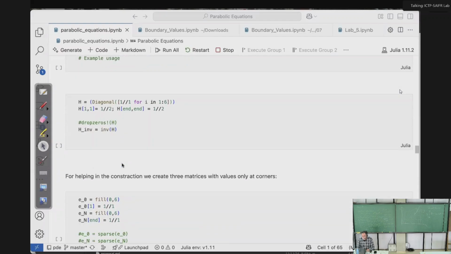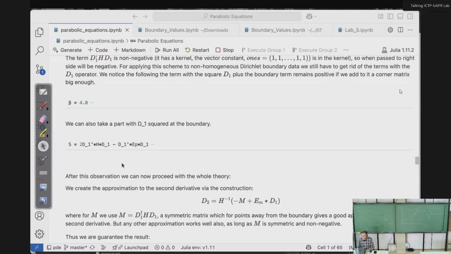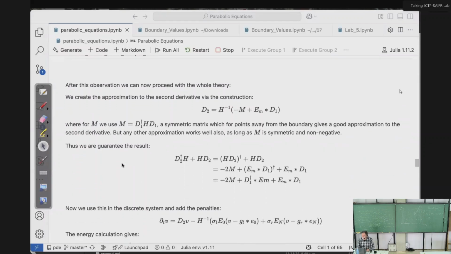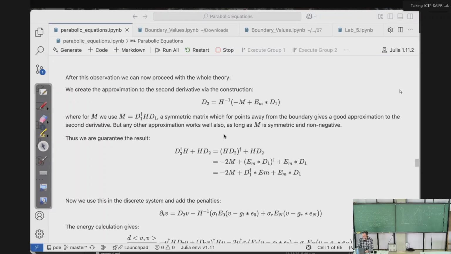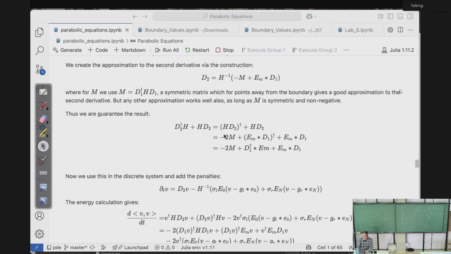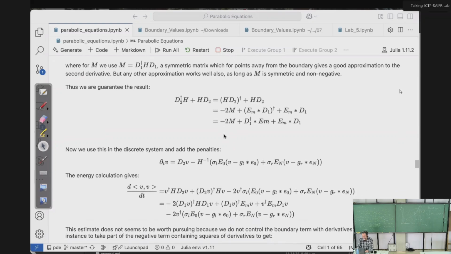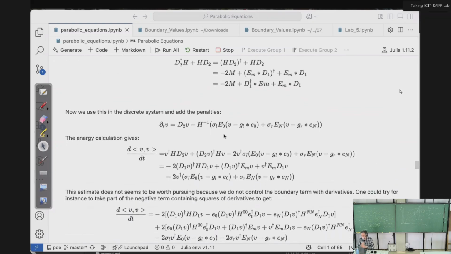So we implement some boundary conditions and some second order operators that were built in this form, like here, where M is a positive, symmetric matrix, and this is built in such a way that this is the finite difference approximation that converges to the second derivative to some precision.